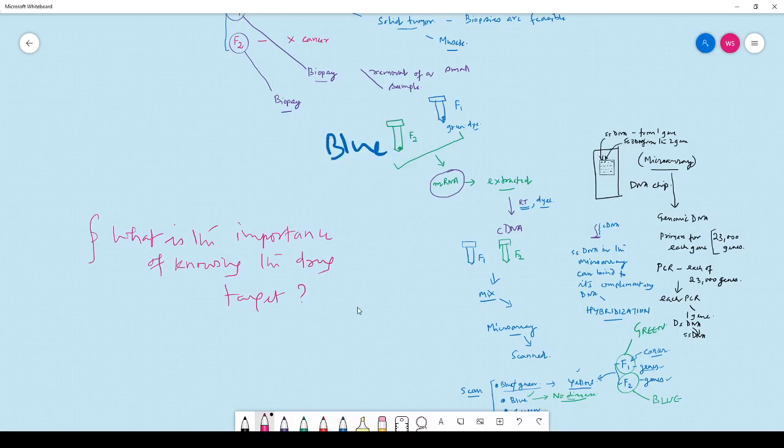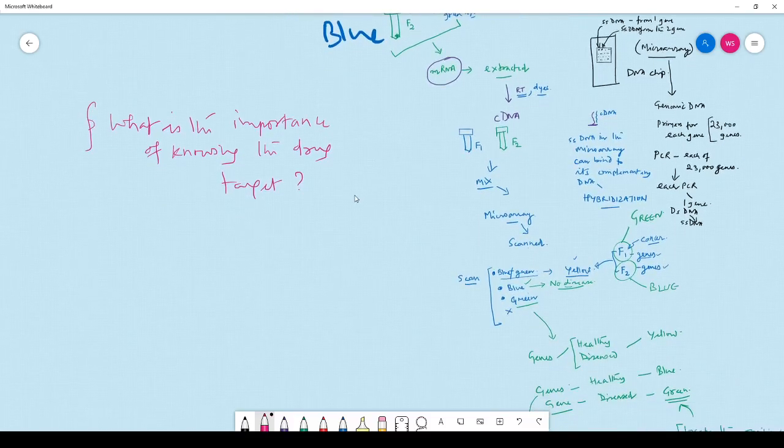That is the importance of knowing the drug target. So we can invent interventions. So if there is overexpression, we can invent a small molecule intervention.